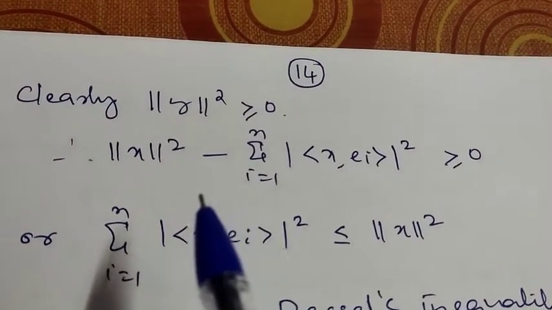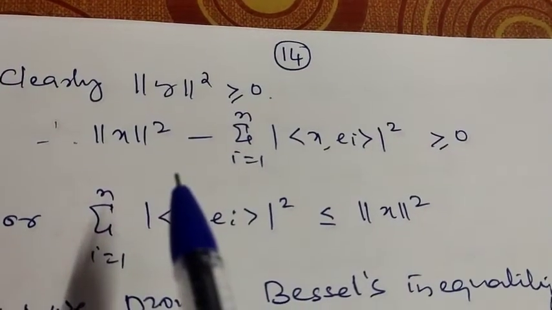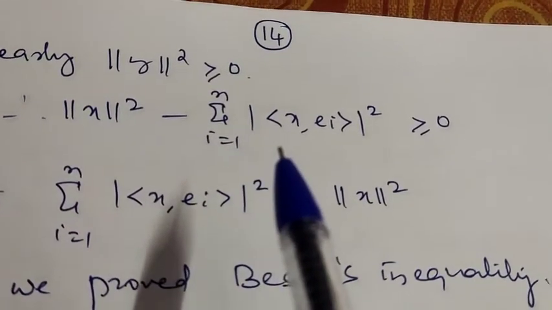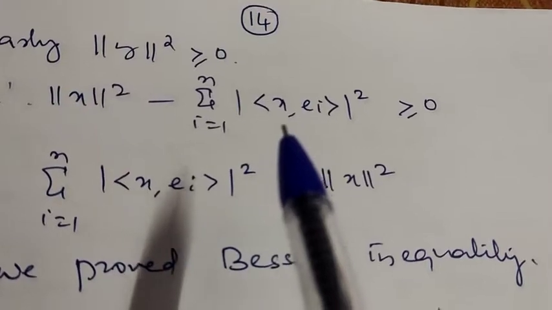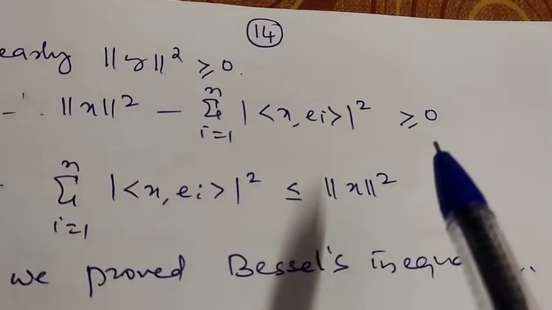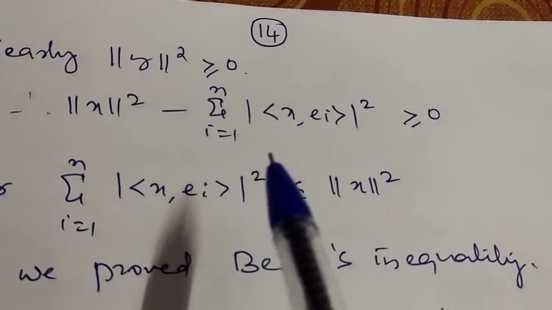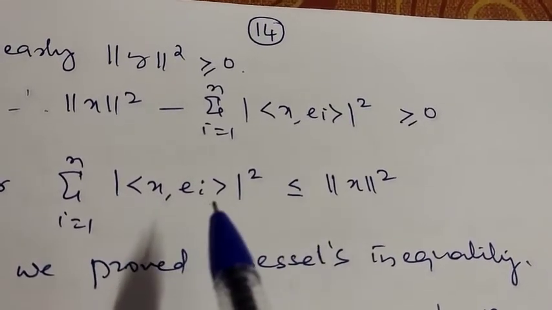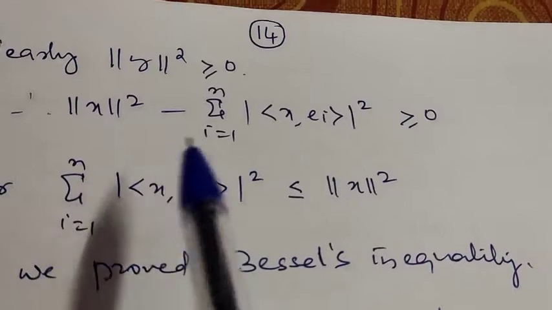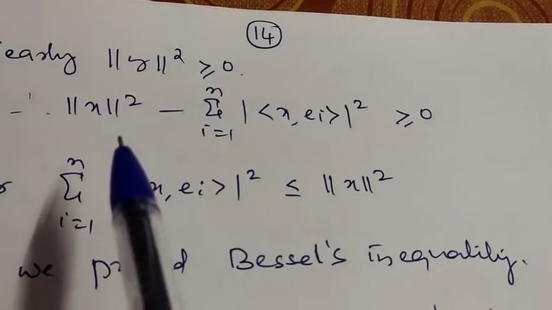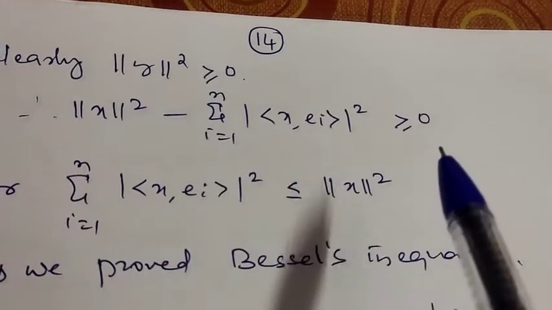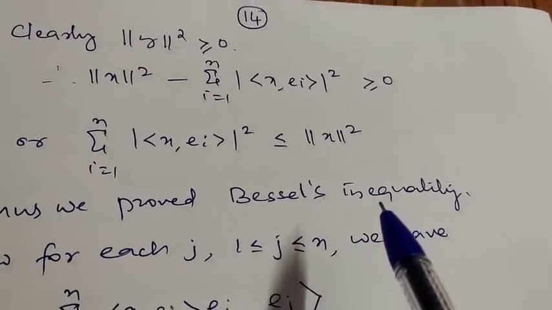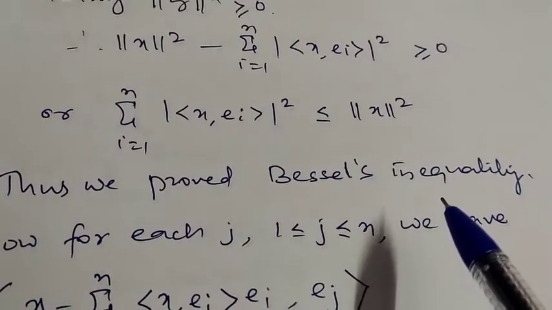It implies norm of x square minus summation i equal to 1 to n of mod of (x comma ei) whole square is non-negative, or summation i equal to 1 to n of mod of (x comma ei) whole square is less than or equal to norm of x square by transferring this term to the right hand side. Thus we have proved Bessel's inequality for finite orthonormal set.